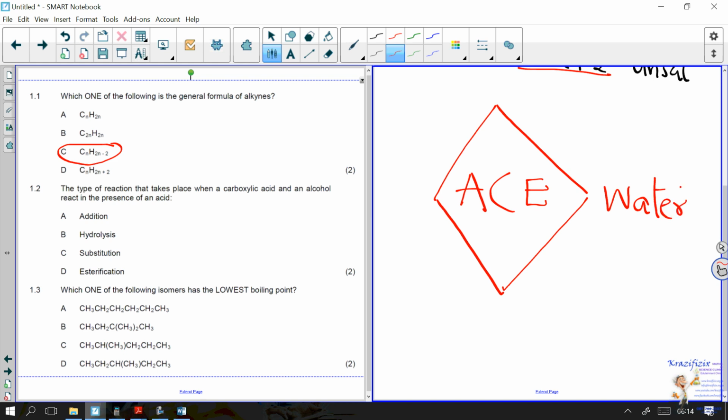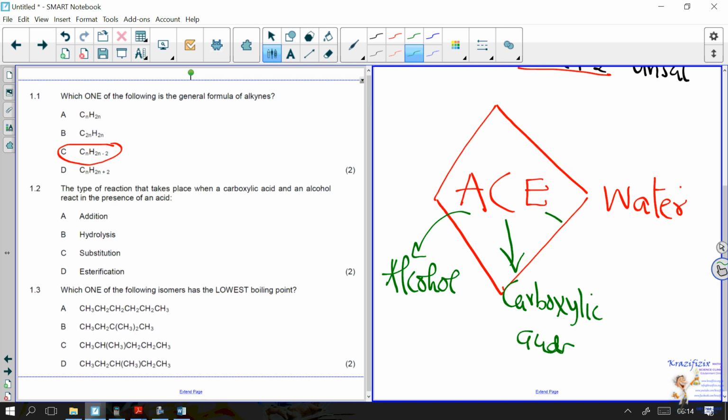And what we do in chemistry is simply say alcohols will react with carboxylic acids to form what? Esters and water. Nice. So anytime you go to the shop and you see the ACE brand, you quickly do your chemistry.